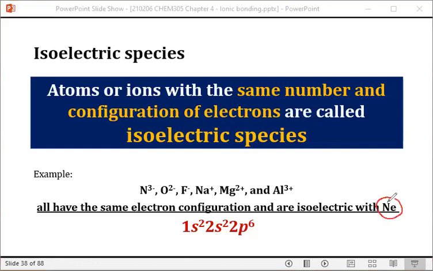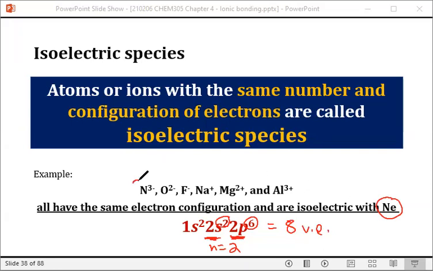So neon, the noble gas with atomic number 10, has 10 total electrons. 2, 4 plus 6 equals 10 total. It has 8 valence electrons. The n = 2 level is its highest shell, and there's 8 electrons in that. So that's 8 valence electrons.